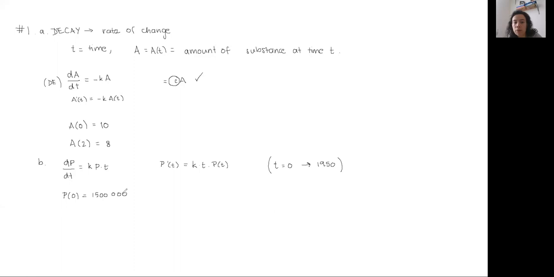And then the population grew by 5% after 10 years. So that means that P of 10 is going to be equal to 1,500,000 times 1.05, because it's 100% plus 5% of the population.